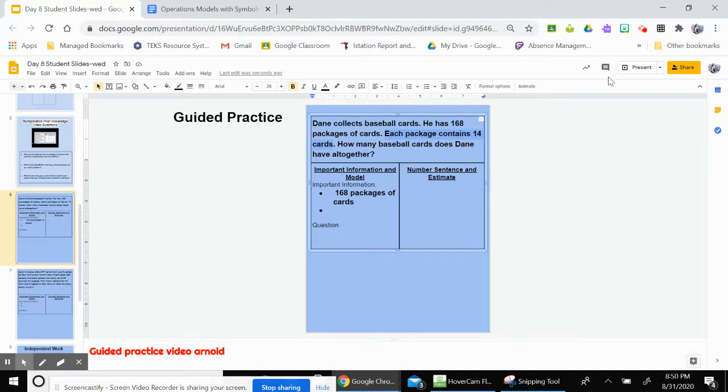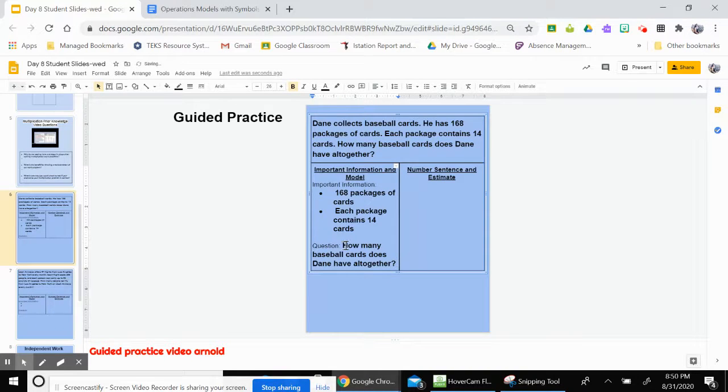I know that is probably important, so I am going to put that in my important information also. And my question is asking me, how many baseball cards does Dane have all together? So I don't just want to know how much is in one group, I want to know how much is there total in his collection.